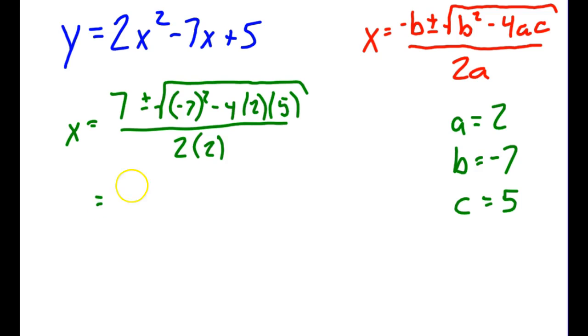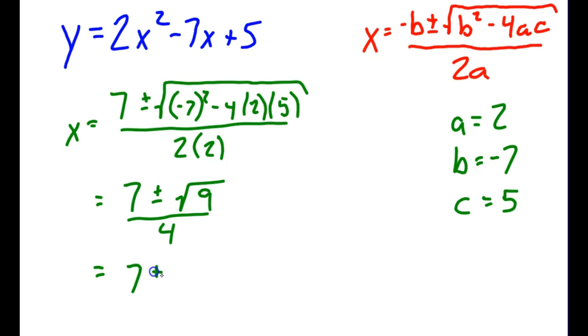Doing some simplifying, 7 plus or minus the square root of negative 7 squared, which is 49, minus 40. Okay, 4 times 2 was 8, 8 times 5 is 40, so 49 minus 40 gives us 9, divided by 4. This actually simplifies down nicely because we know the square root of 9 is 3.